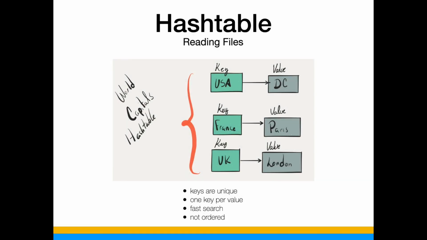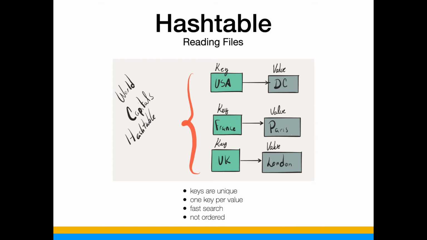In the slides, I usually have this dictionary of capitals of the world where you only have one key and one value. The USA being the key and Washington, D.C. being the value, France being the key and Paris being the value, the UK being the key and London being the value. These elements are typically not ordered, unless explicitly specified by the algorithm.